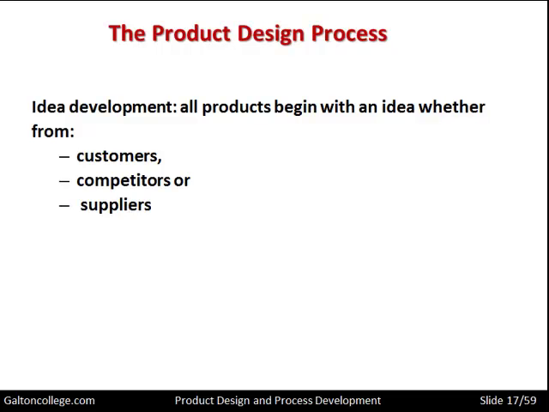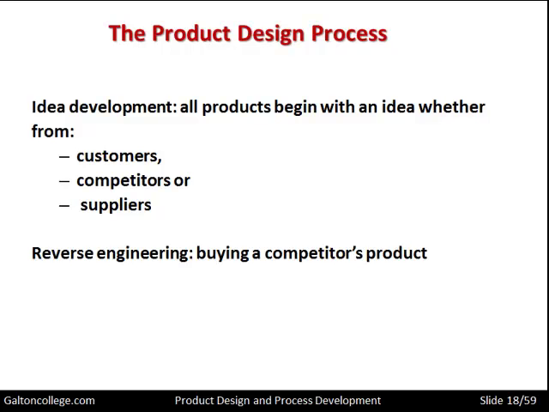Product ideas may come from suppliers who simply recommend, why can't the raw material be used in this particular way as opposed to that way? Why can't the components be reconfigured and produce this extra item or this new product? So suppliers may come up with ideas.